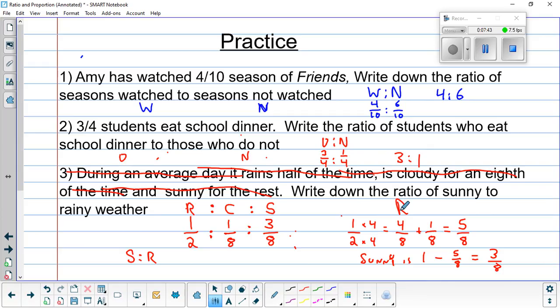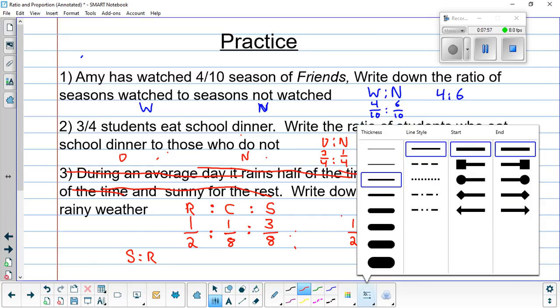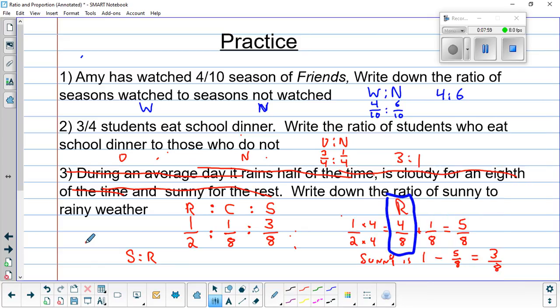This part I'm going to put in blue, right? Because we changed the denominator. So if we want to be able to drop the denominator, we have to actually keep it in the same respect. So sunny to rainy, then, will be 3 to 4.